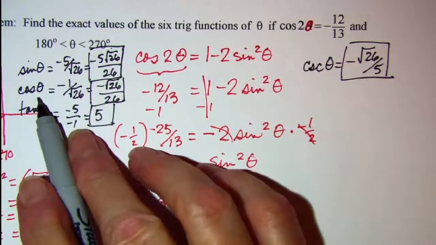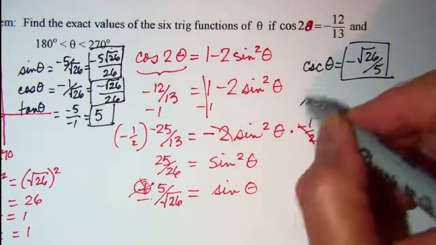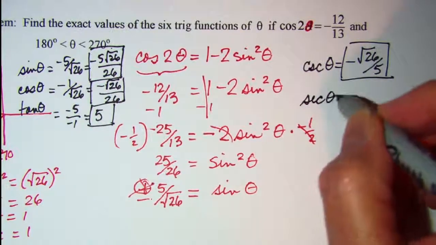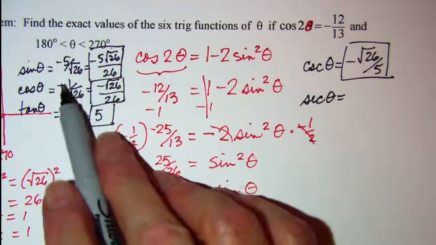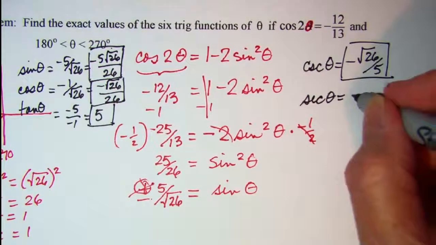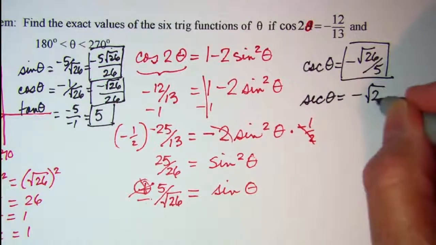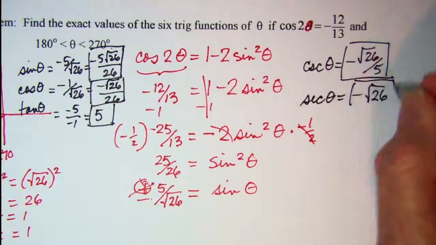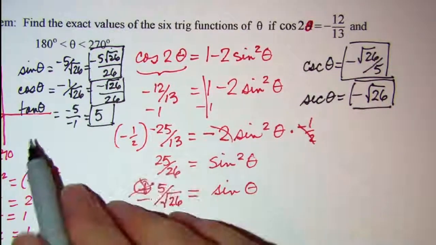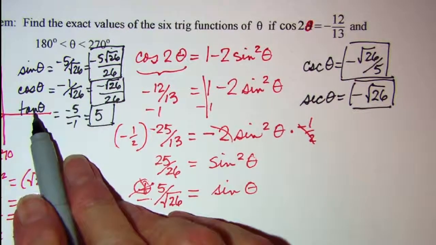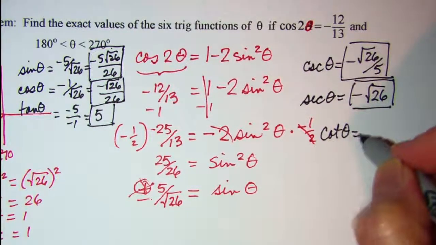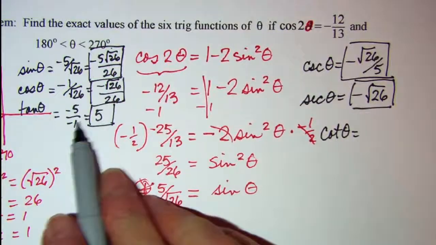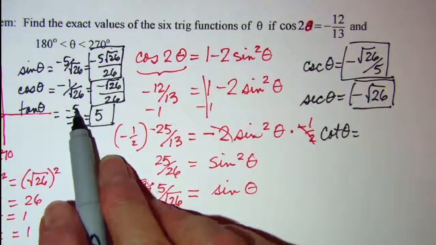The reciprocal of cosine is secant, and that will be negative root 26 over 1, which is just a negative root 26. And the reciprocal of tangent is cotangent, and that'll be positive 1 over 5.